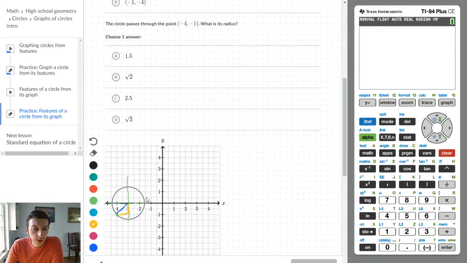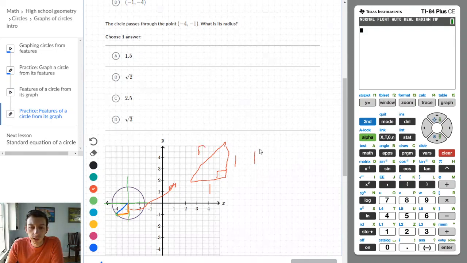Just in case you didn't get it on the other questions, like this triangle, if I were to just take it and draw it a little bit bigger, you've got a triangle where these are both 1, because you've got this distance here, which is 1, and this distance here, which is 1. And it's a right triangle, and you're trying to find the hypotenuse. So this is what your radius is going to be.